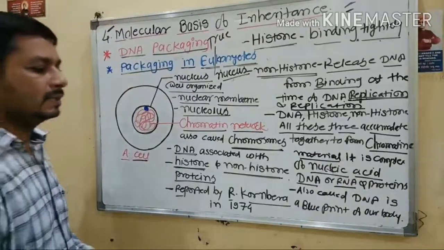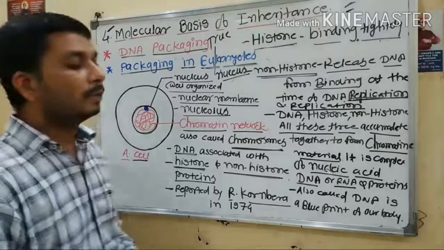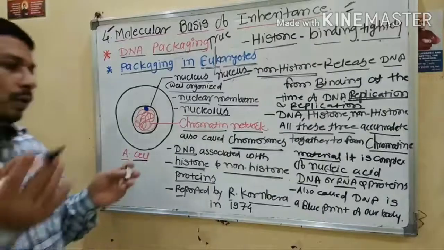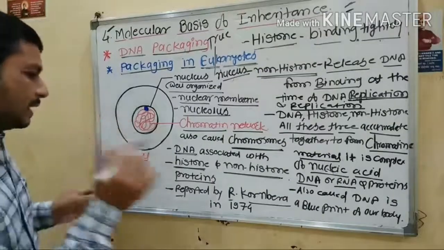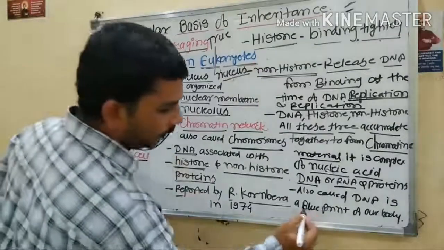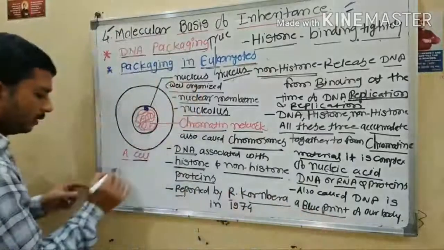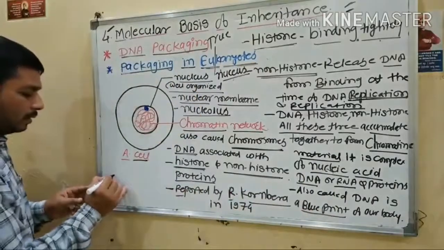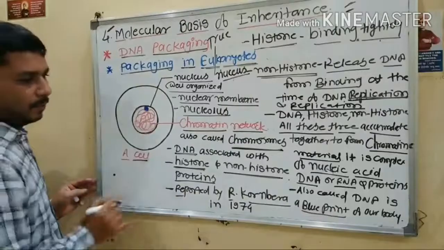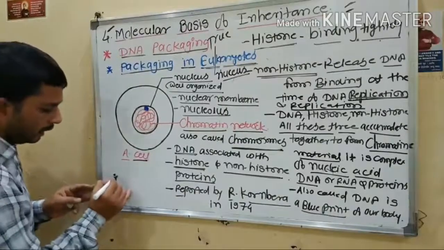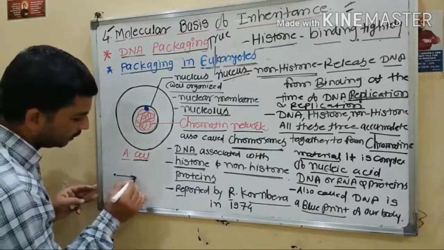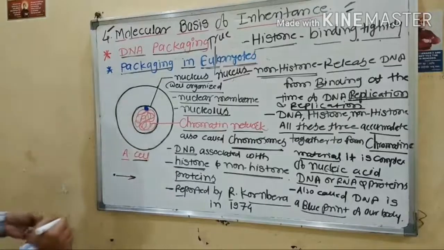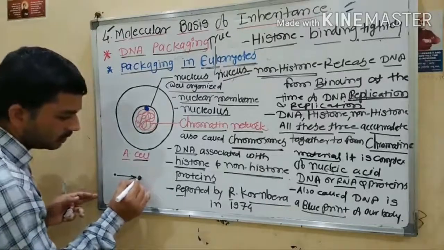Also DNA is called a blueprint of our body. This concept is very simple. What? A blueprint. When we see a seed of a particular plant, then after the germination of that seed, we find a similar plant.